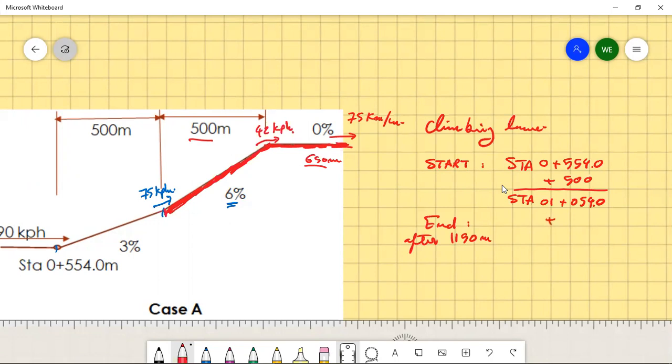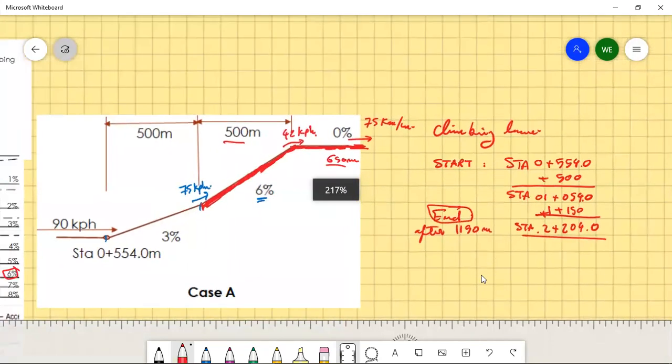So here plus 1,000 plus 150, which is 0 plus 402 plus 2. That's the end of the climbing lane. Clear? Now let's go to case 2.